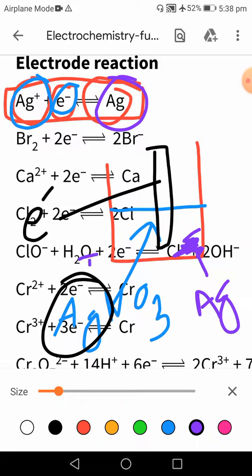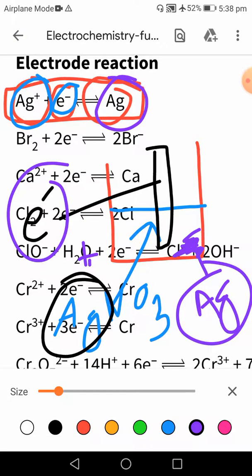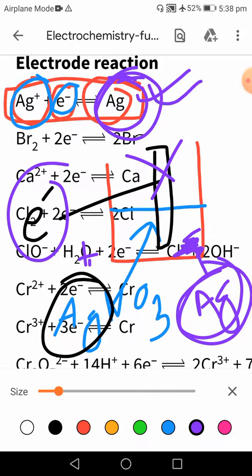We have a source of silver ion, a source of electron, and a source of silver. But we can reduce our cost by eliminating the platinum. Why? Because look at the silver. Isn't silver a metal? Yes, silver is indeed a metal. So a single silver rod in this case can satisfy the need of both solid silver and the electron source.